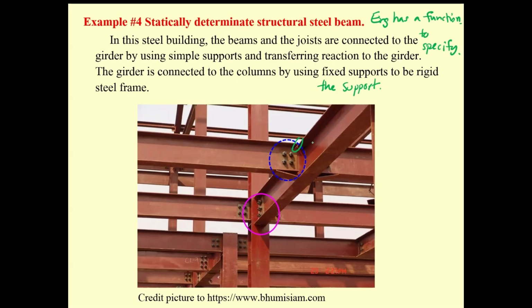You may assume this one to be the pin support. And for another one, if you connect the bottom of this beam into the column, then this is not a pin, we will treat it as the fixed support. So please provide the detail for the construction in accordance with your model.